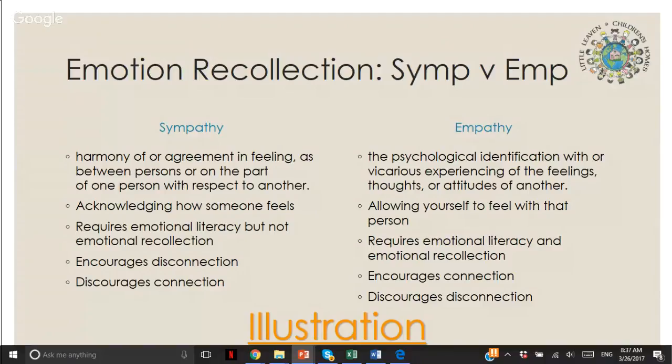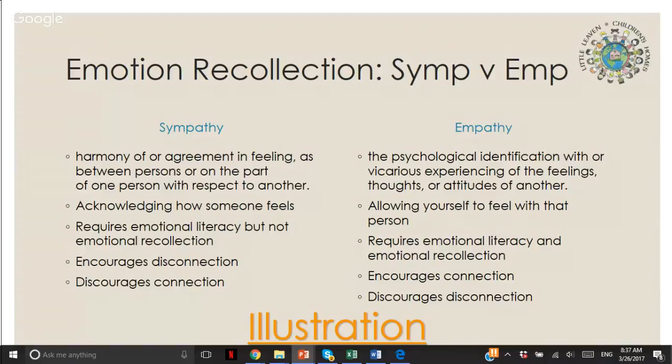Sympathy is when you agree about how someone is feeling, and then you acknowledge that person is feeling that. But with empathy, you're not just acknowledging it, but you're allowing yourself to feel it with that person.